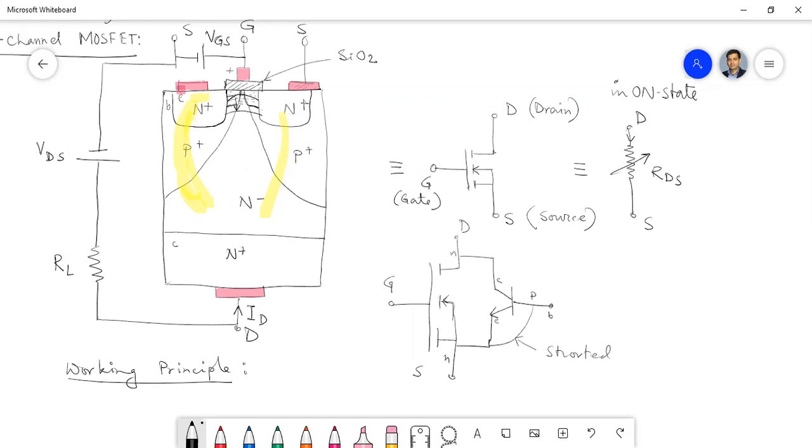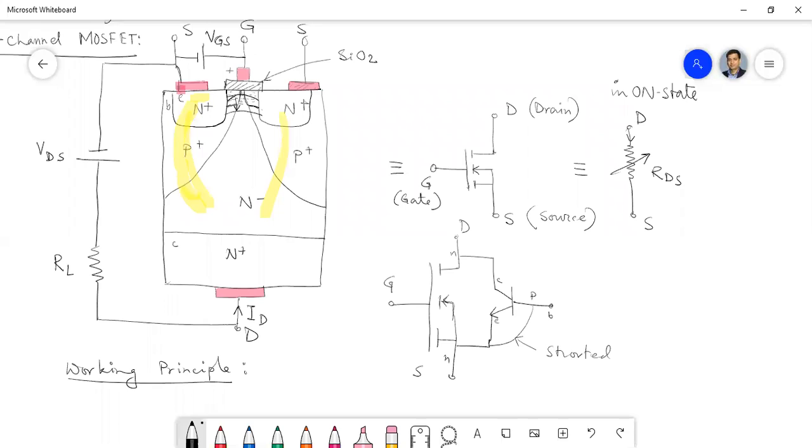Now if somehow there is some noise from an external source, some spurious signal, then by any chance the base-emitter current may flow and this NPN transistor may be switched on.